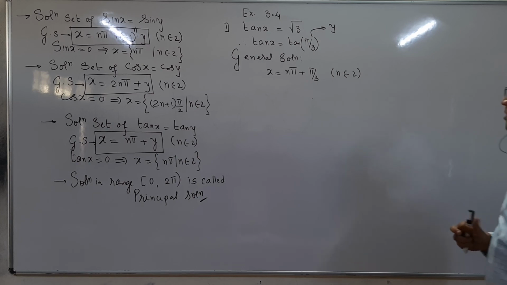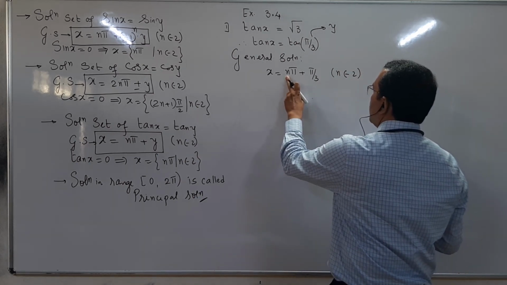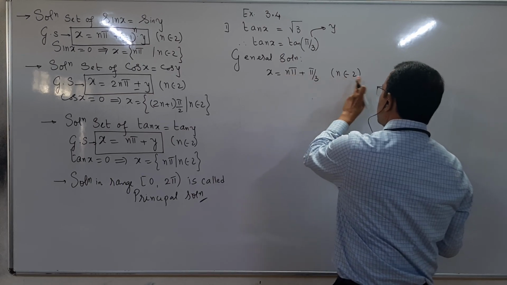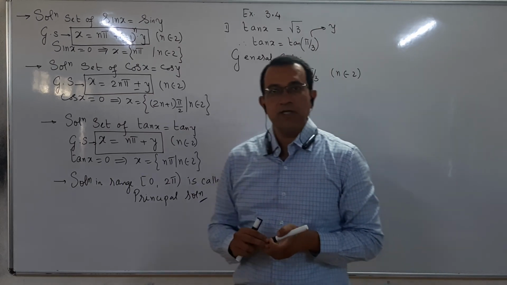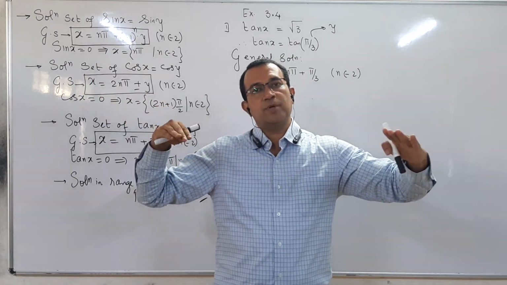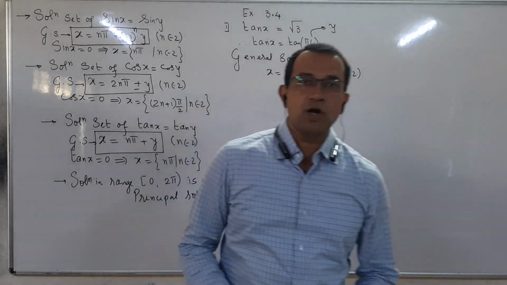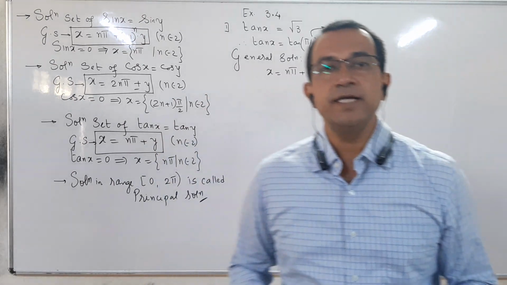Now to find the principal solution, we always take some definite values of n, and n is an integer, so n can assume values 1, 2, 3, 4 up to positive infinity, minus 1, minus 2, minus 3 up to negative infinity, including 0, because 0 is also an integer.